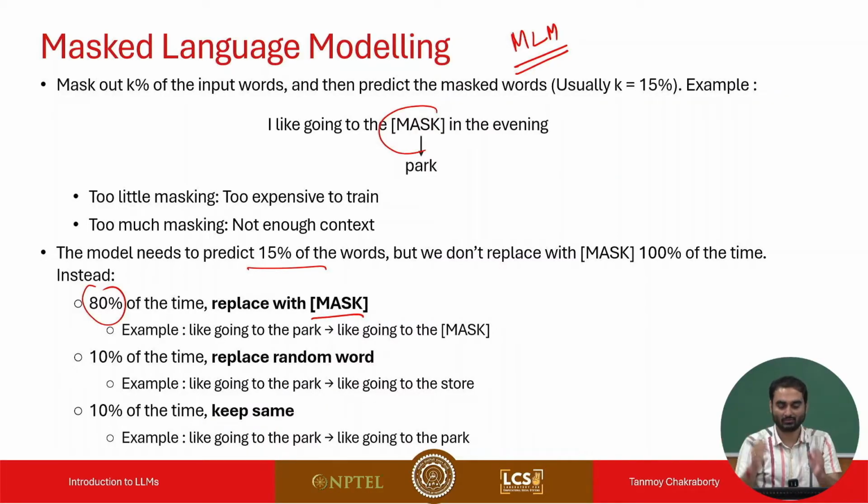What does masking a token mean? They introduced a new token called mask. When you feed the input, you replace a word, a token, by mask, and at that position in the final output, you predict the actual word at the place of mask.